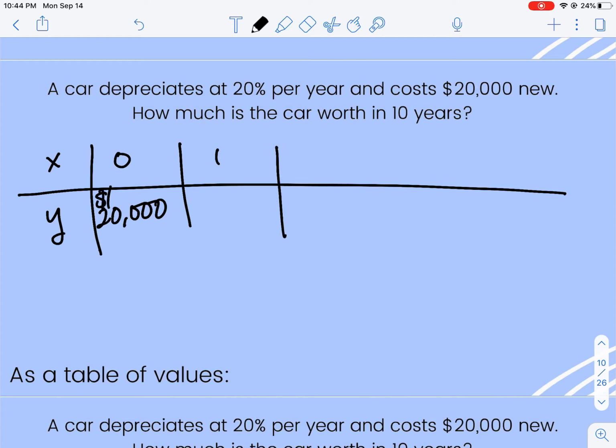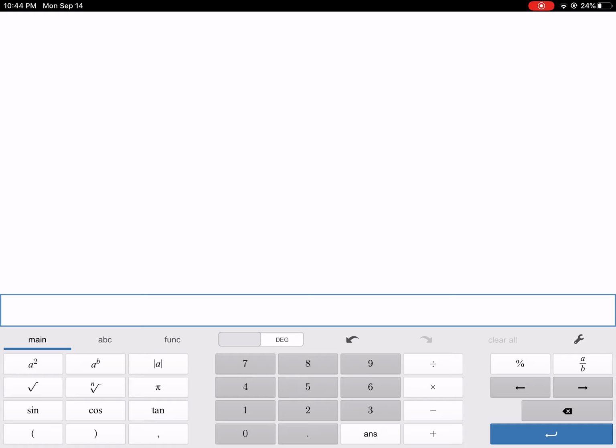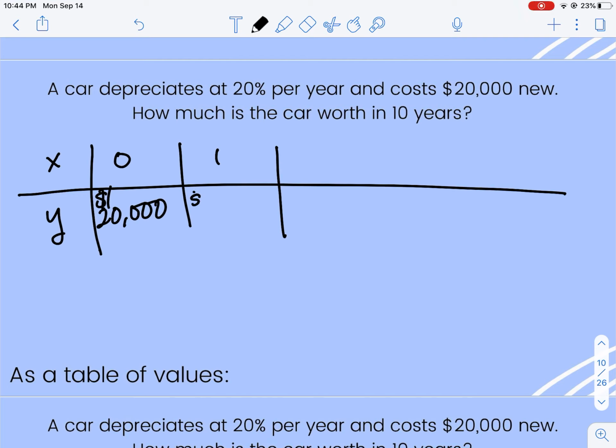But a year goes by and it loses 20% of its value, or in another case, it holds 80%. So we have $20,000 times 0.8. So in 1 year, it is now only worth $16,000. It has lost $4,000 of its value, just like that. Whoa.